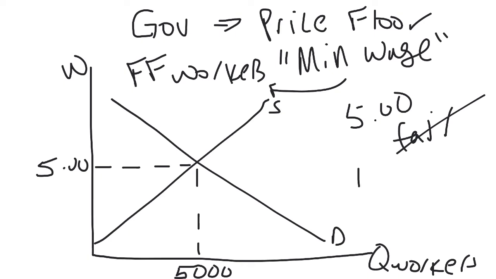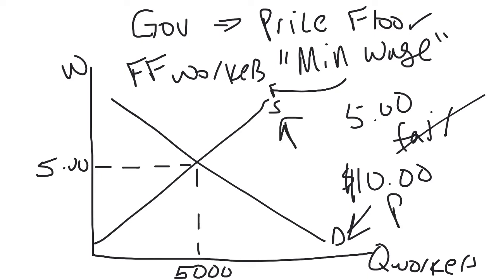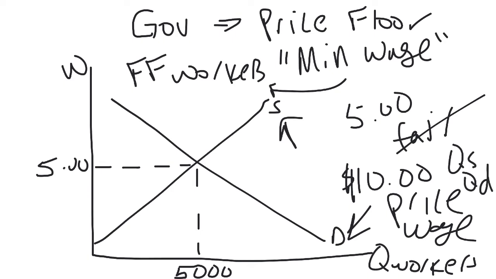And so let's say they say, it has to be $10 per hour. Now that does not change the demand for workers or the supply of workers. It changes the price, or again, what we call the wage, paid to workers. So if we know anything about economics, that's just a change in the price and therefore a change in the quantity supplied and quantity demanded.